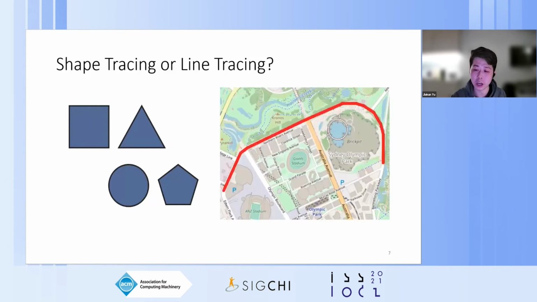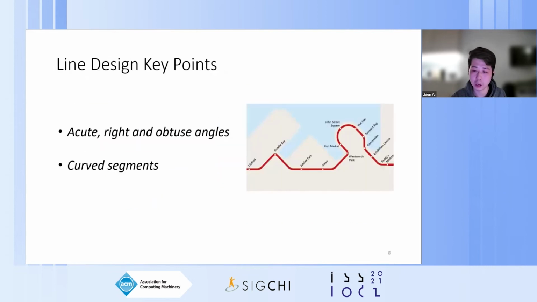Especially, there are many applications like digital maps or data plots where information is not encoded in shapes, but in lines themselves. So we are more interested in eyes-free line tracing using tactile feedback methods. When it comes to line design for the user study, what should be considered?